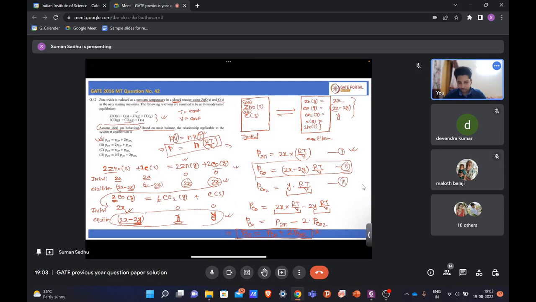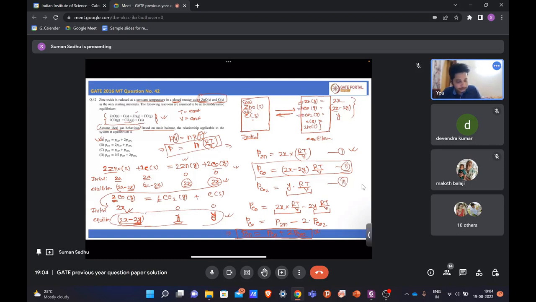So in these questions, two reactions were given, and it is mentioned that ZnO and carbon were the starting materials. After these two reactions, these phases are forming: Zn, carbon monoxide gas, and CO2 gas.